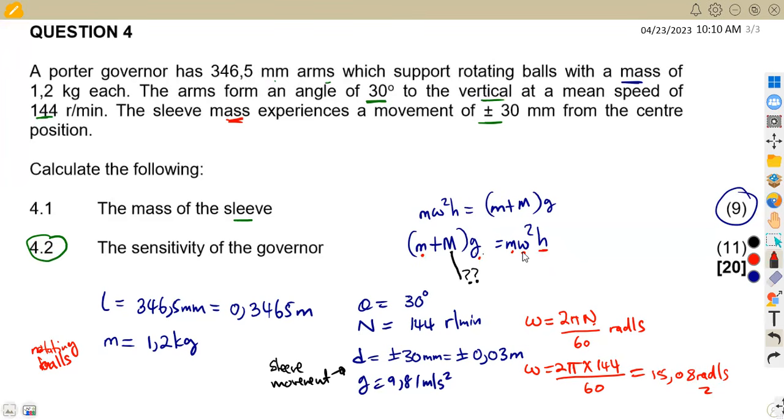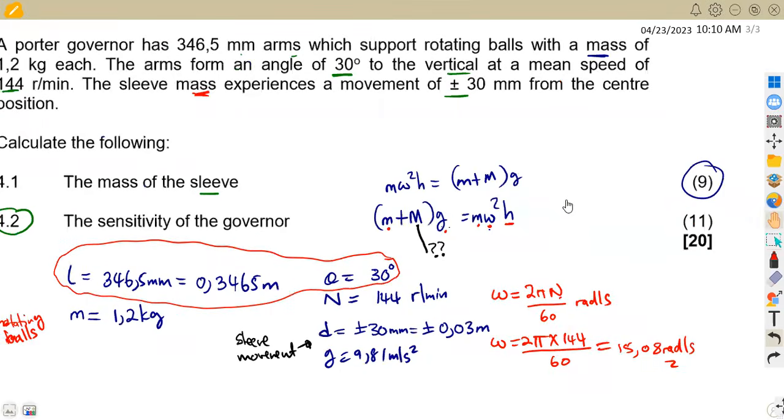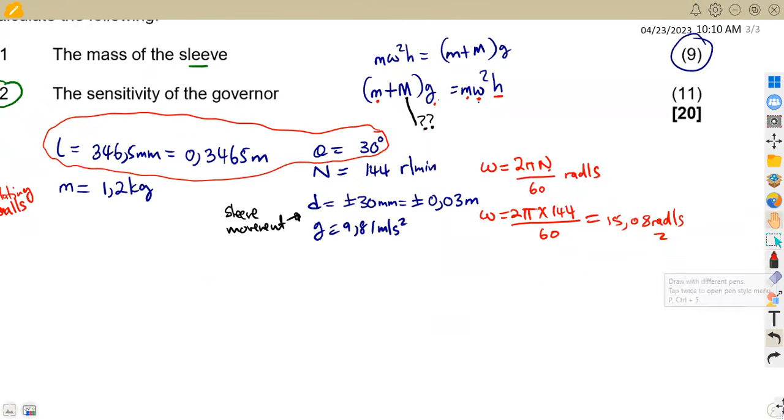So where are we going to get the height from? We are going to use the angle that we are given and the length of the arms. Remember, guys, from our diagram of the Porter governor, that we form an angle between the arms and the vertical.